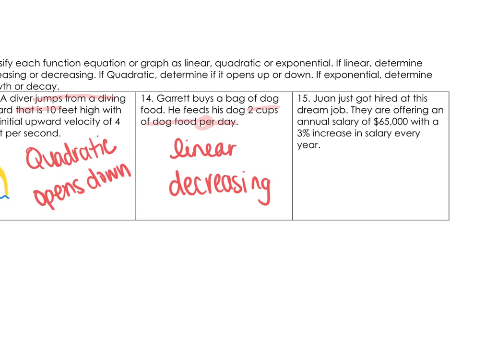And the last one, number 15, Juan just got hired at his dream job. They are offering an annual salary of $65,000 with a 3% increase in salary every year. So this percent increase is what's going to help you determine the type of function that this is, which is exponential.